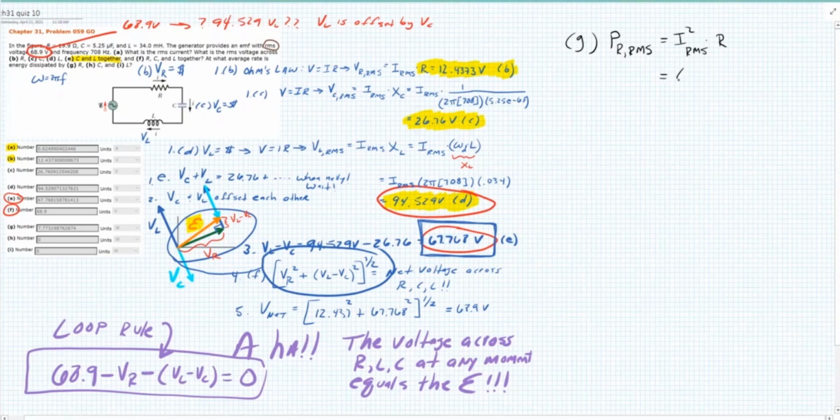So for me, the answer was 0.624 and some change, 62499. Square that times the resistor, I squared R. For me, R is 19.9.